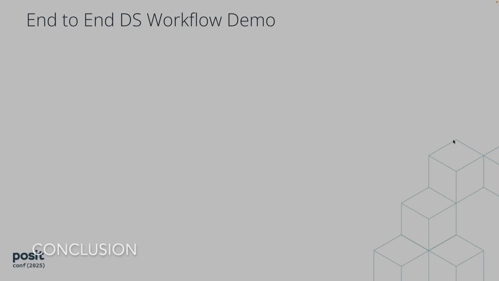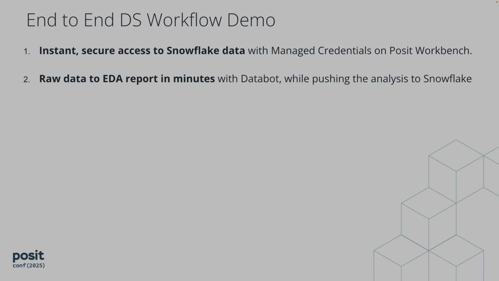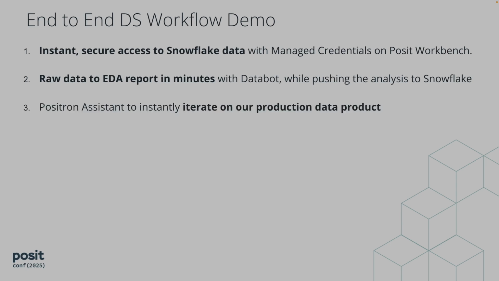So to recap, today we got instant secure access to Snowflake data with managed credentials on Posit Workbench. We went from raw data to an EDA report in minutes with Databot while pushing the analysis to Snowflake. We used Positron Assistant to instantly iterate on our production data product.